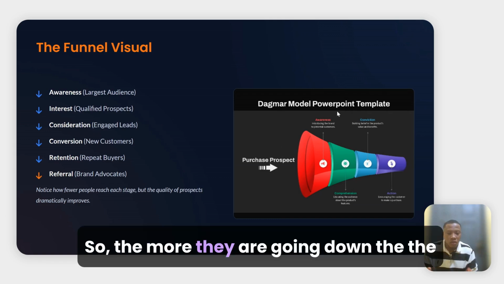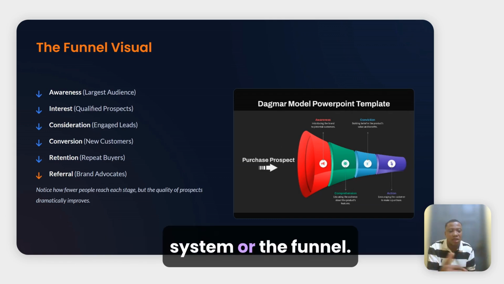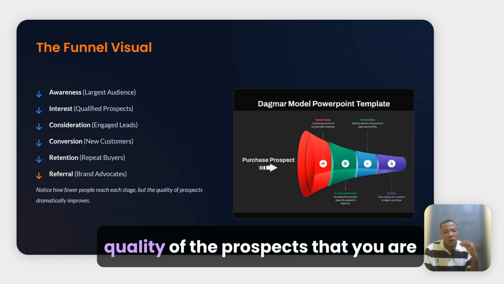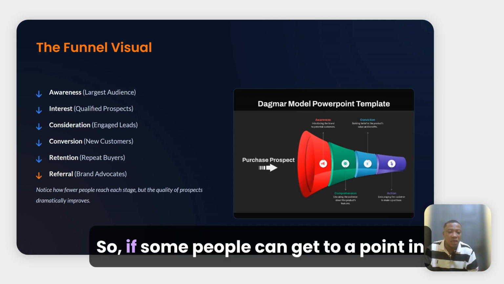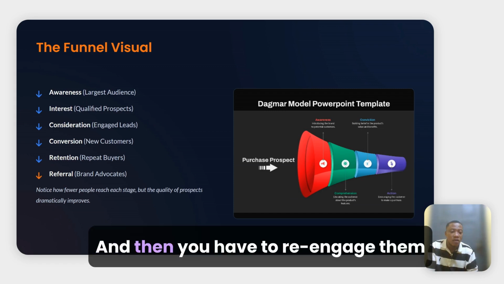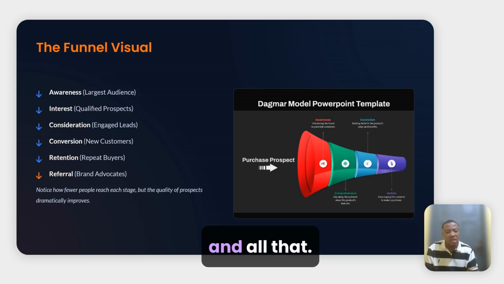The more they go down the funnel, the better the quality of the prospect that you are going to close. And if some people drop at a point in the funnel, you have to re-engage them.